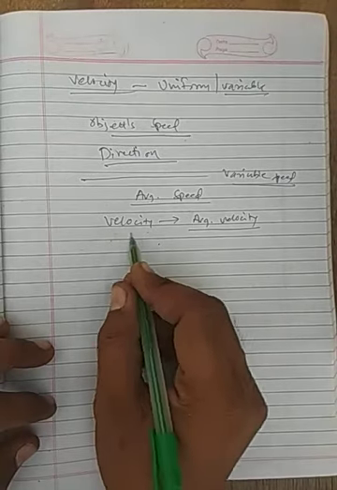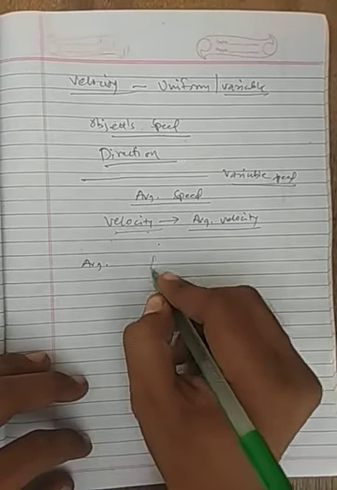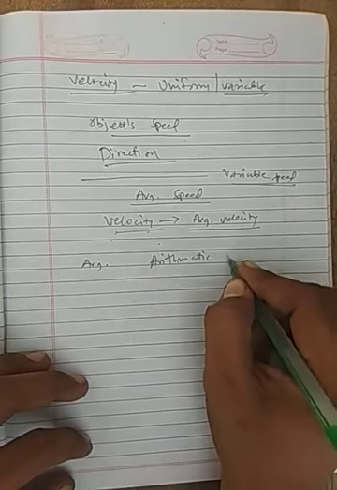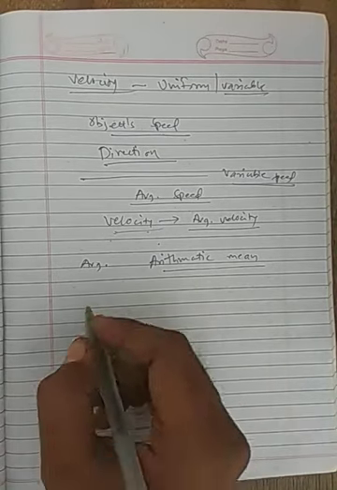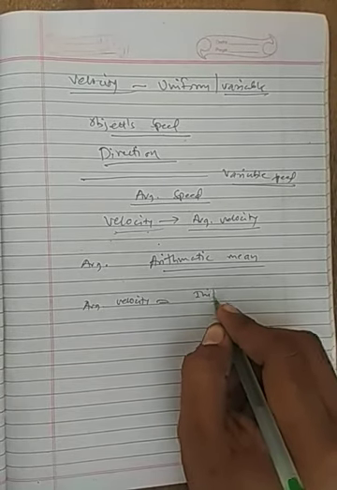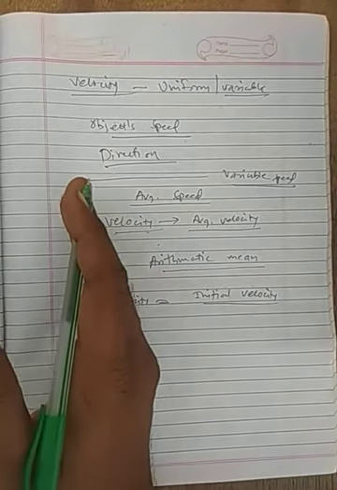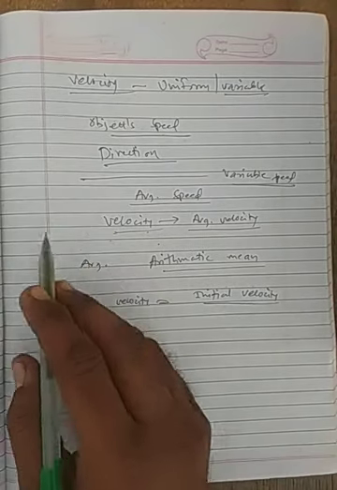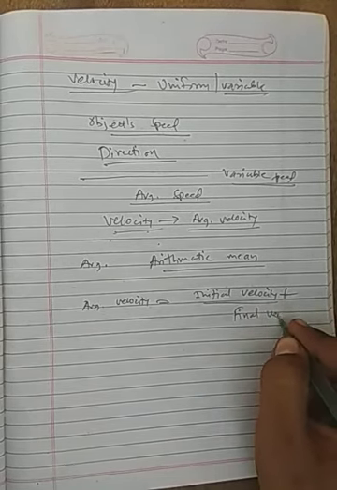But in velocity, the object is changing at a uniform rate. So average velocity is given by arithmetic mean. Now you know this term from maths. Arithmetic mean means average velocity is equal to initial velocity, because it's changing, what was its velocity when it started, that is initial velocity, plus where it reached, that is final velocity.